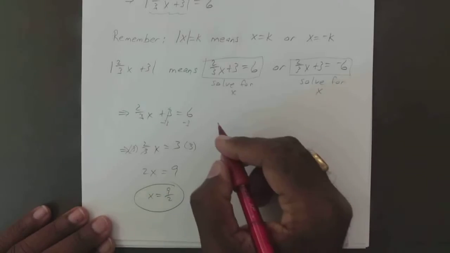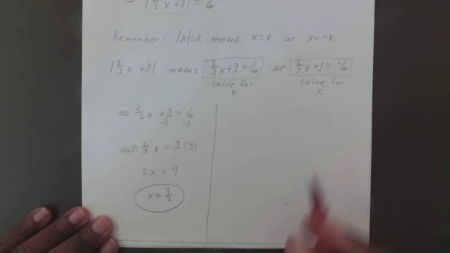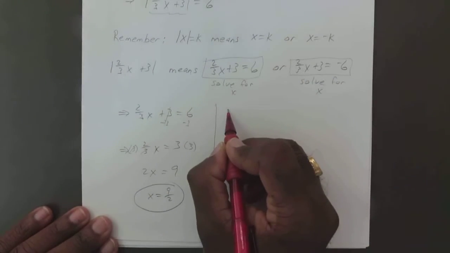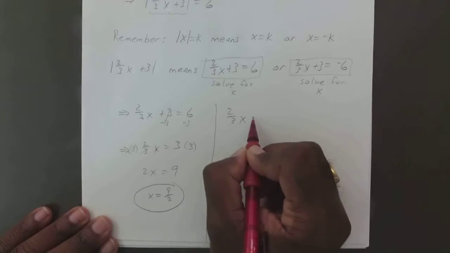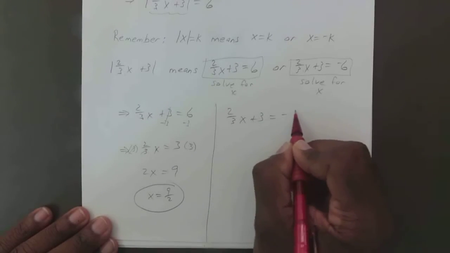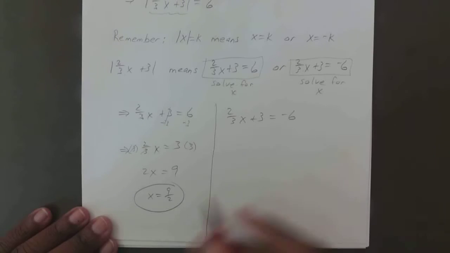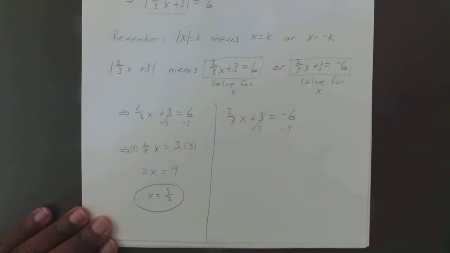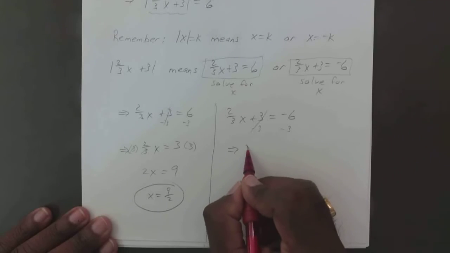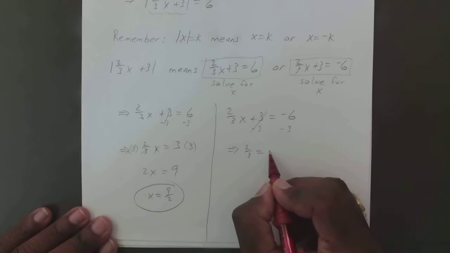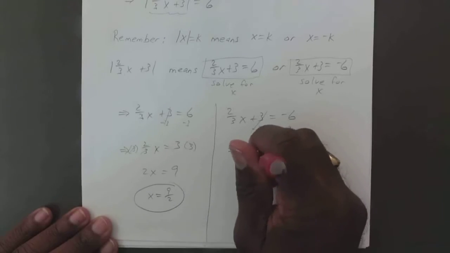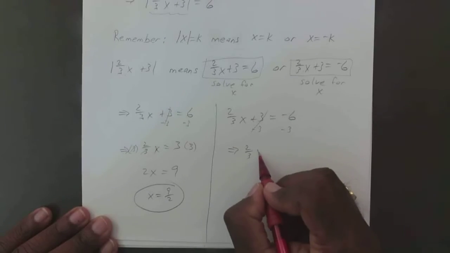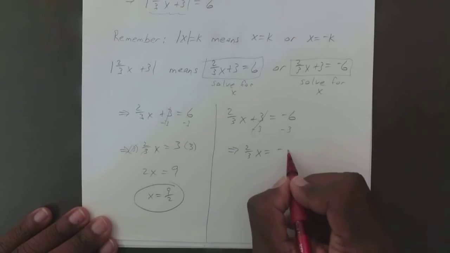All right, so now we'll solve the second one. 2/3 x plus 3 equals negative 6. If we subtract 3 from both sides, we end up with 2/3 x equals negative 9.